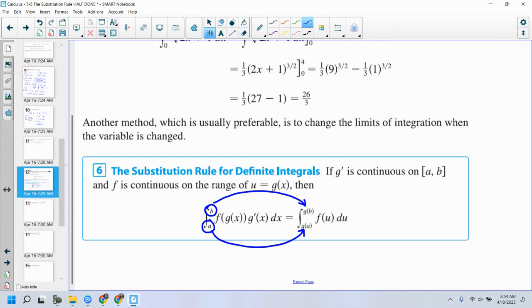If you do that step, you don't actually have to turn it back into x. You can leave it in terms of u, and then run the definite integral, F of b minus F of a, using this b and a with u. It kind of simplifies things.